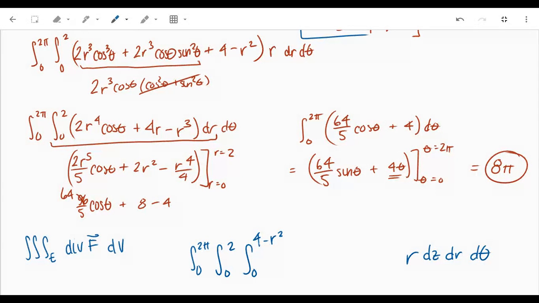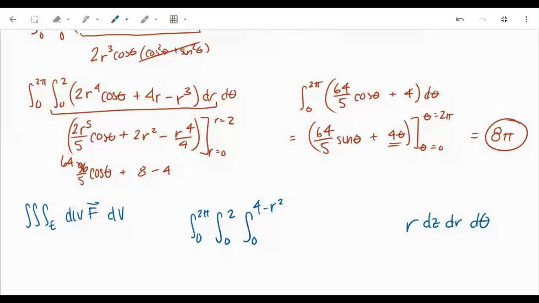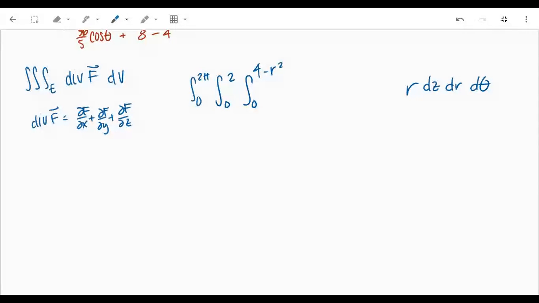Okay, and then your divergence of F, remember, your divergence of F would be df/dx plus df/dy plus df/dz. And so you don't have to scroll back up, F was x squared, xy, z.